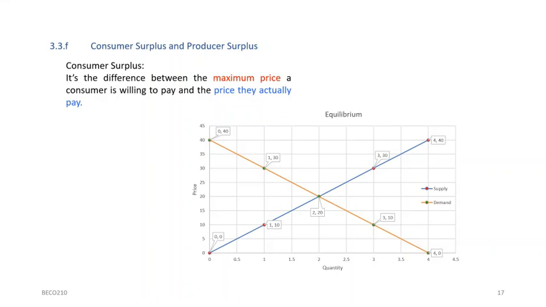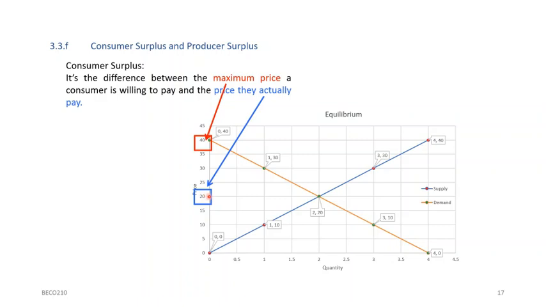On a graph, you can see the maximum price you are willing to pay, which is 40, and the price you actually paid, which is the equilibrium price, 20. The difference between these two times the quantities is the consumer surplus. In fact, you can shade the consumer surplus with the area under the demand line, limited with the price.